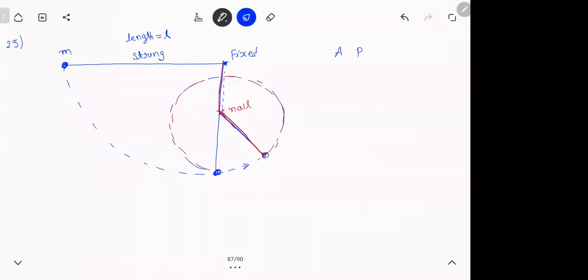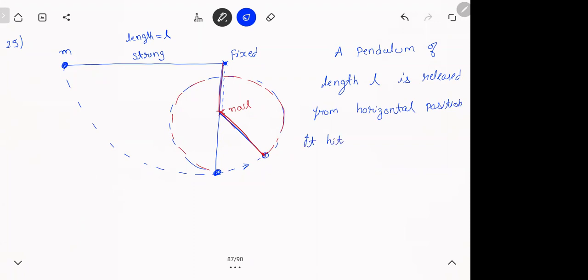So a pendulum of length L is released from a horizontal position. It hits a nail. This distance is x.